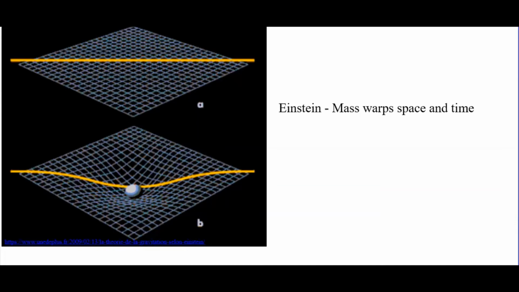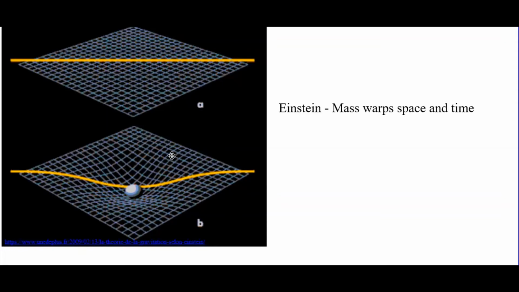So if you can think of it as a trampoline, here's a light beam going through space, you know, if you want to imagine the sun there and Earth there, as light travels from point A to point B on this map, it's going to travel in a straight line. If you get a large mass involved, that large mass is going to warp space and time and therefore bring light and warp light with it.